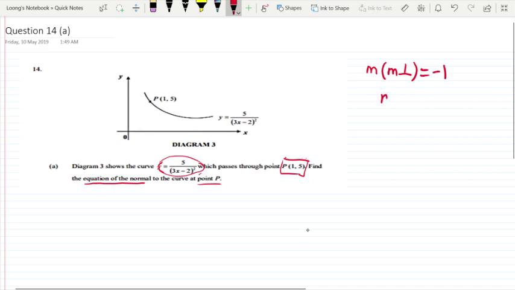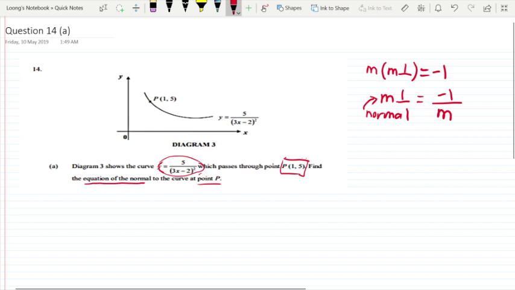So in order to find the gradient of the normal, we need to take -1 divided by the gradient of the curve. Keep that in mind.